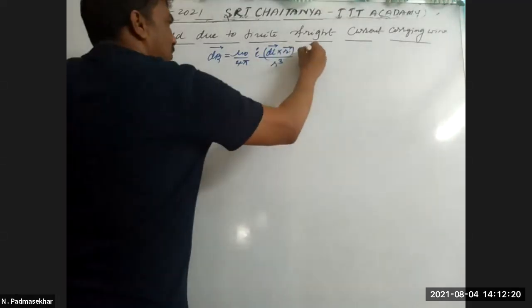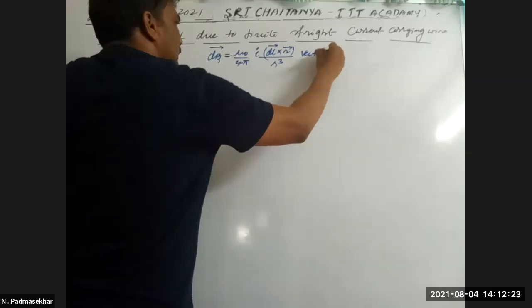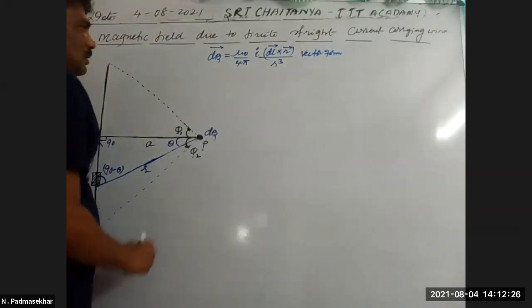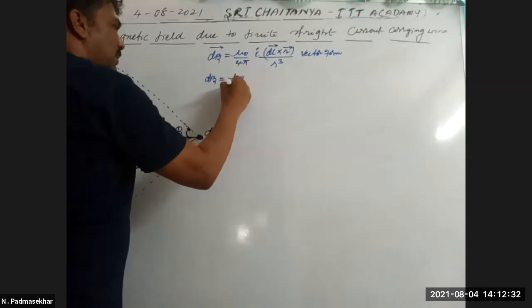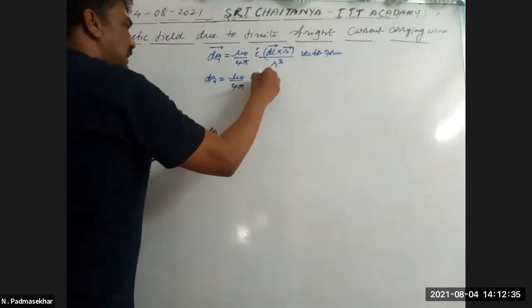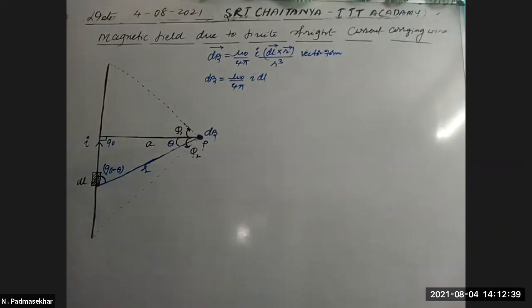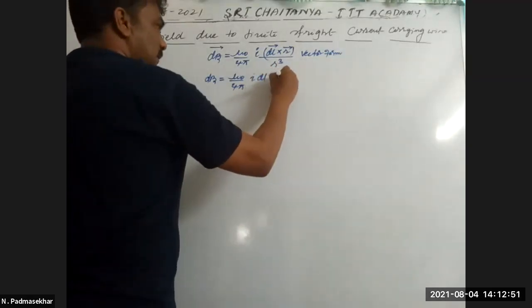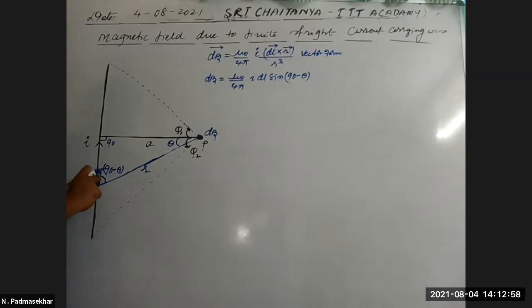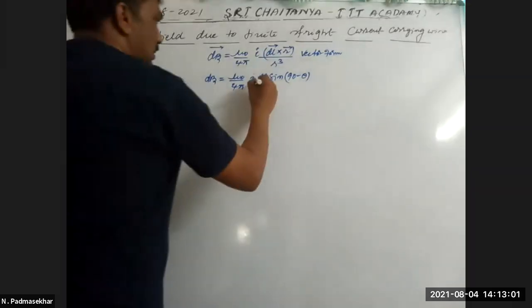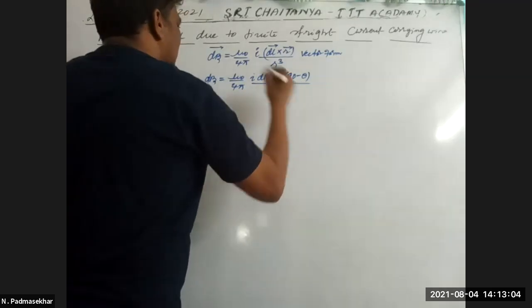The scalar form is dB equals mu naught by 4 pi, I dl sin of the angle between the line joining the point and the element, which is 90 minus theta, upon R square.